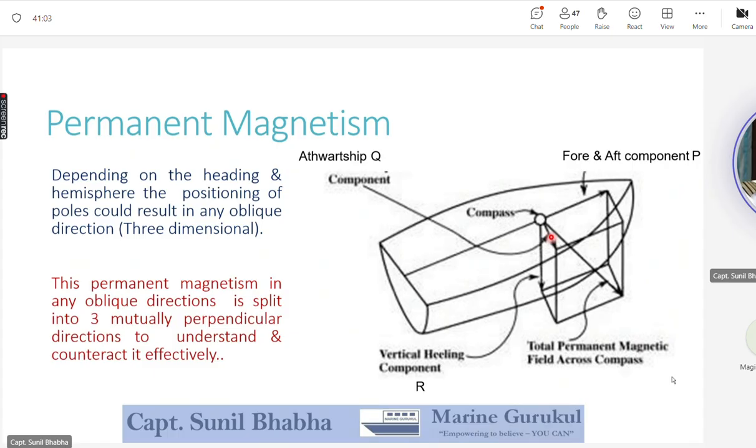When we do the compass correction, we will see how the fore and aft component is corrected, then how the athwartship component is corrected, and also how the vertical component is corrected. Clear up to here, beta? Great, let's move ahead.